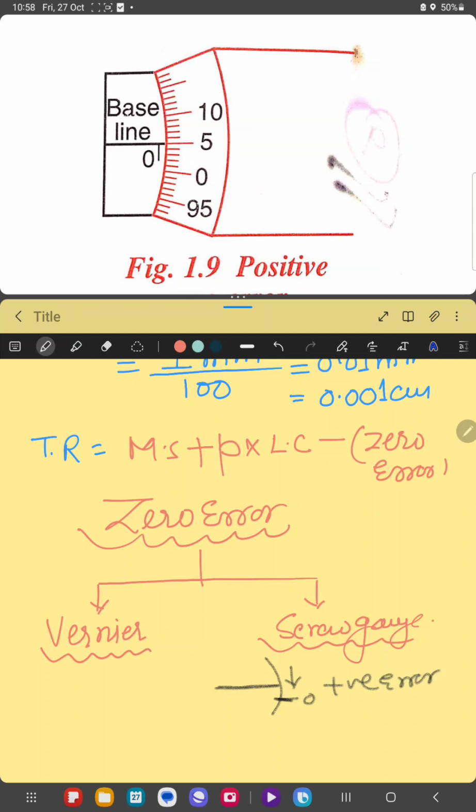So how do we calculate the zero error? Like the earlier situation, in the fifth column it is coinciding in figure 1.9 in the upper slide. Multiplied by the least count, let's say 0.01 mm, the zero error will be plus 0.05 mm.